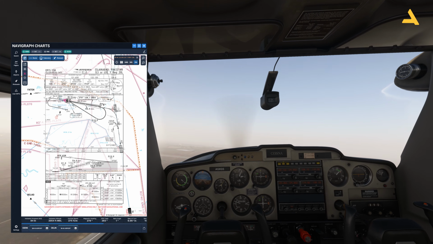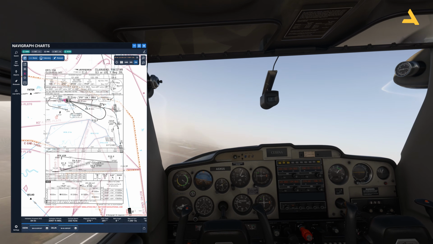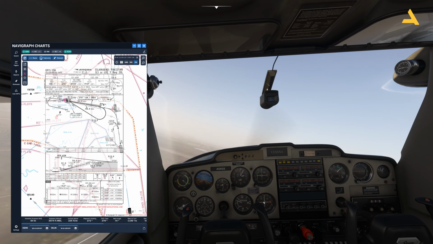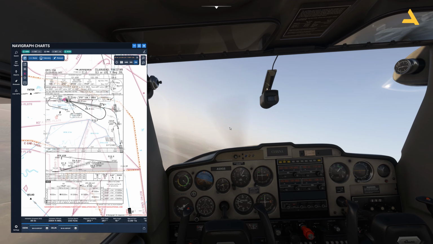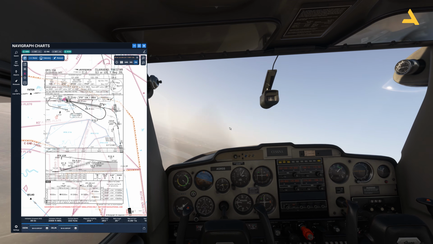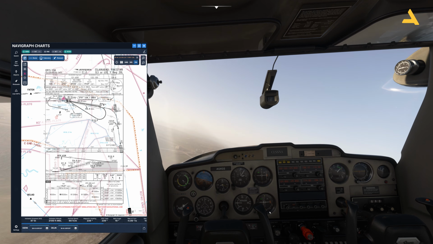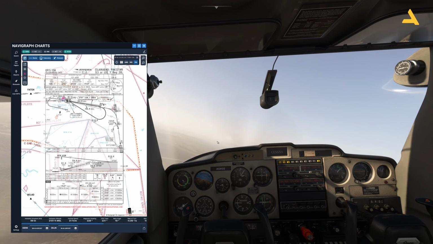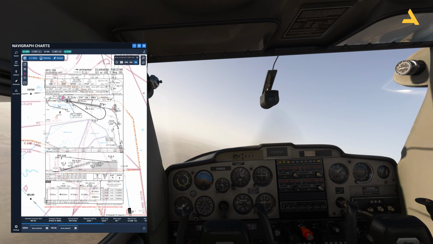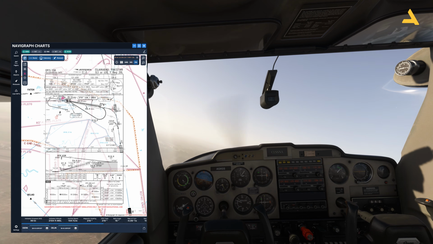Now I will just turn back and I will just track this VOR. You can see deflections coming. Just ignore them, and then I will tell you how to actually follow it.